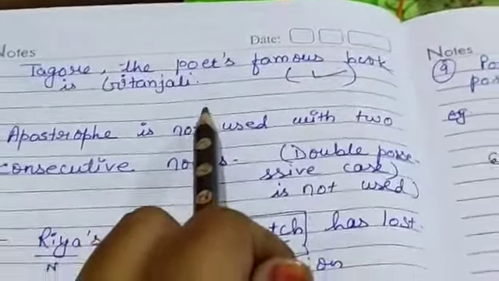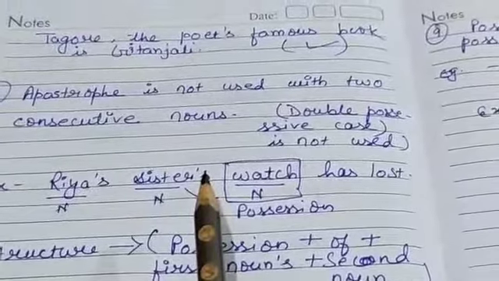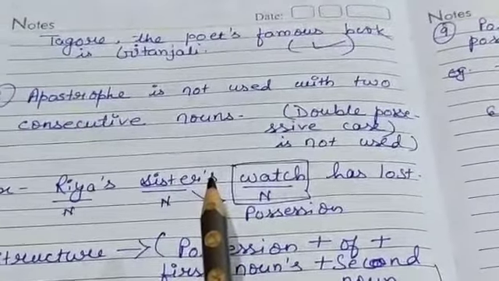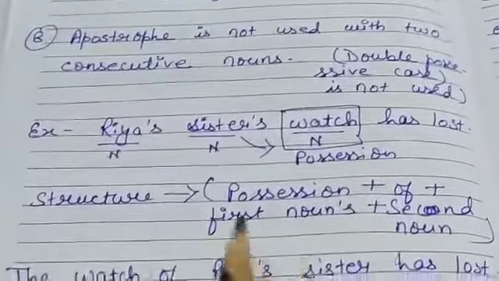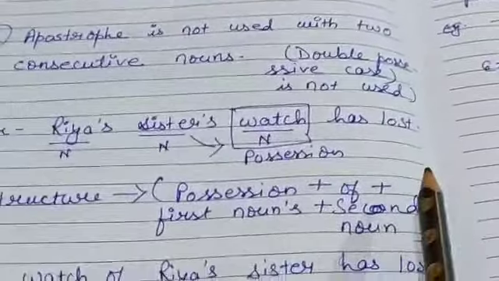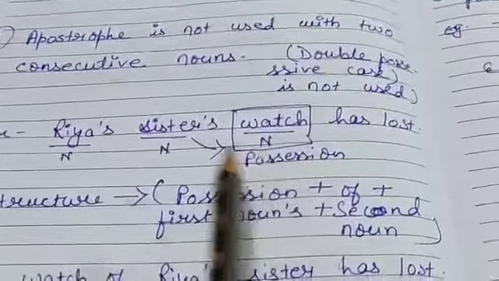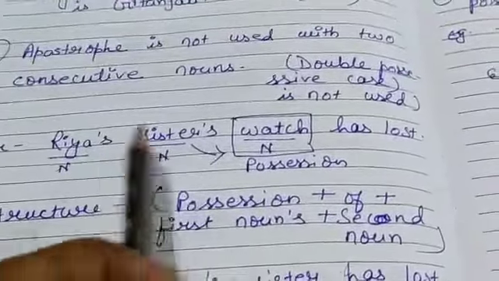This is correct. Next rule, apostrophe is not used with two or more consecutive nouns, meaning showing the double possessive case. For example, Ria's sister's watch has been lost. So, watch is the possession. Ria's sister's means the watch of the sister of Ria has been lost.